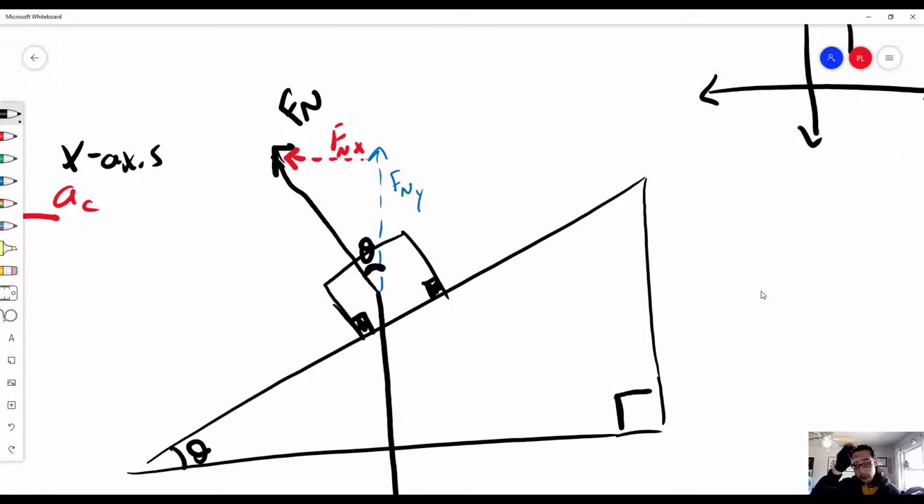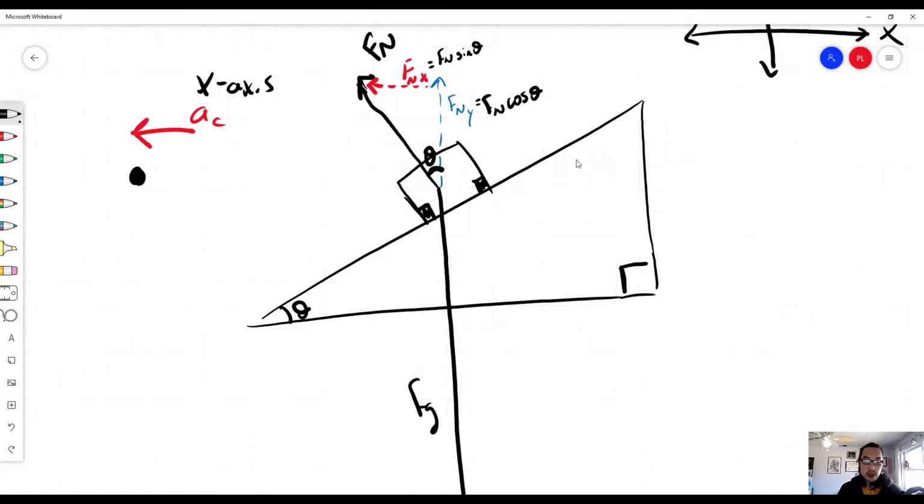And at this point, let's define our F_N x and our F_N y using our sines and cosines. So F_N x is opposite of this angle, so we can state that F_N x is equal to F_N sine of theta, and we can say F_N y is adjacent to this angle, so it'll be F_N cosine of theta.